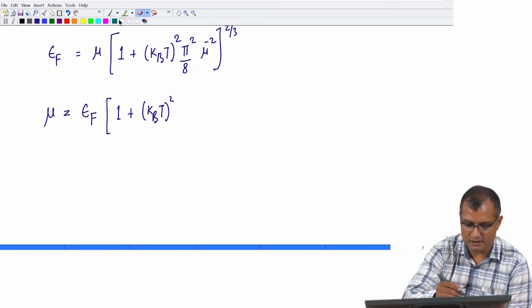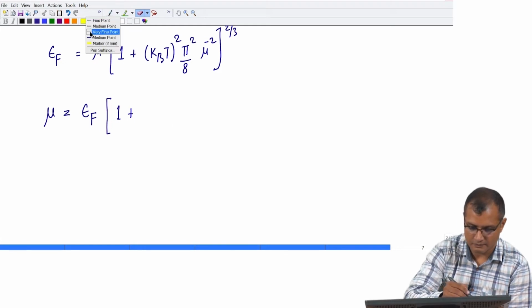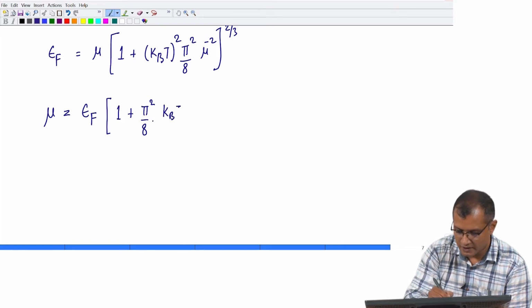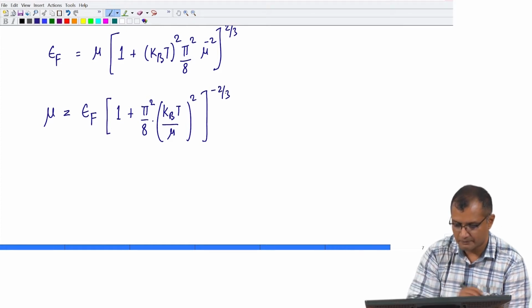You can write this entire thing as pi square by 8 into kBT over mu the whole square raised to minus 2 by 3.